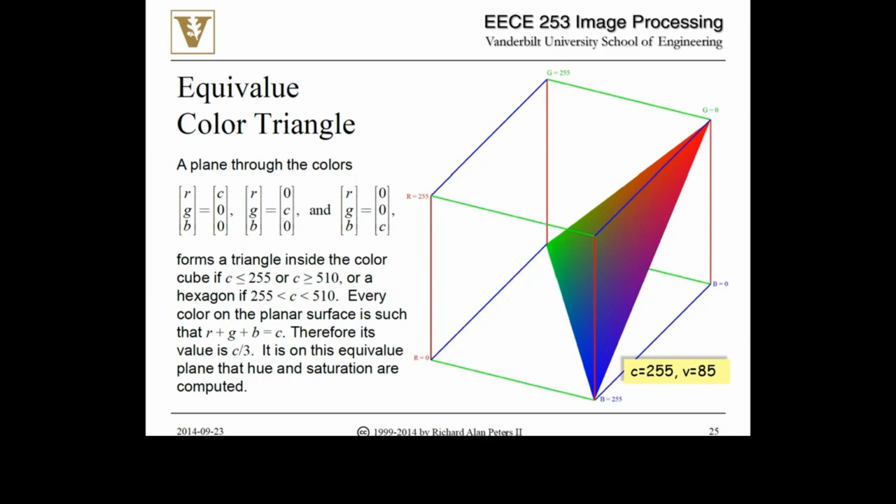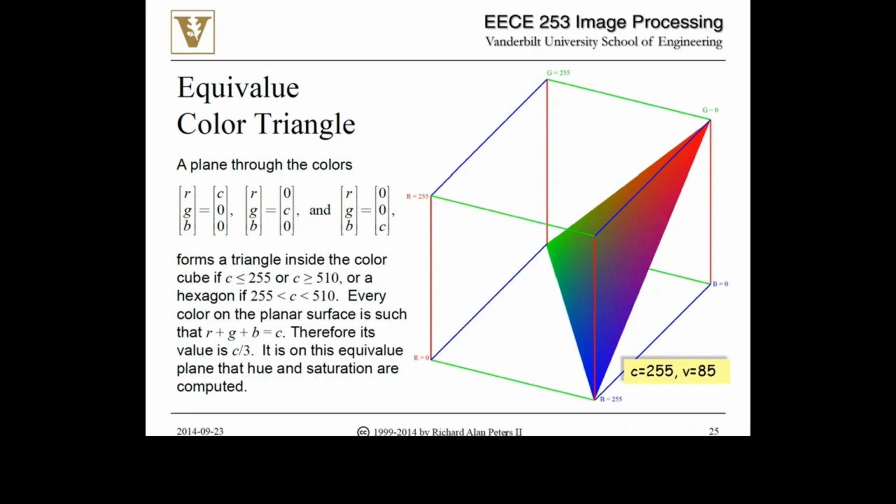You choose C, and then you look for the set of colors that fulfill this equation. That will be a plane. That is the equation of the plane. Which plane is that? It is in particular this one when C is equal to 255.